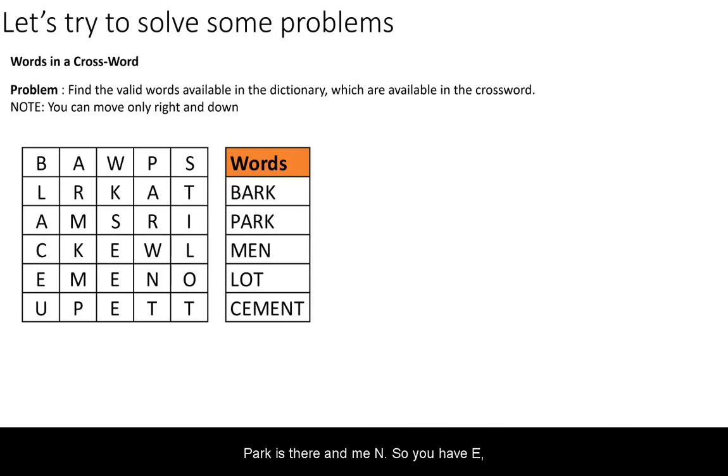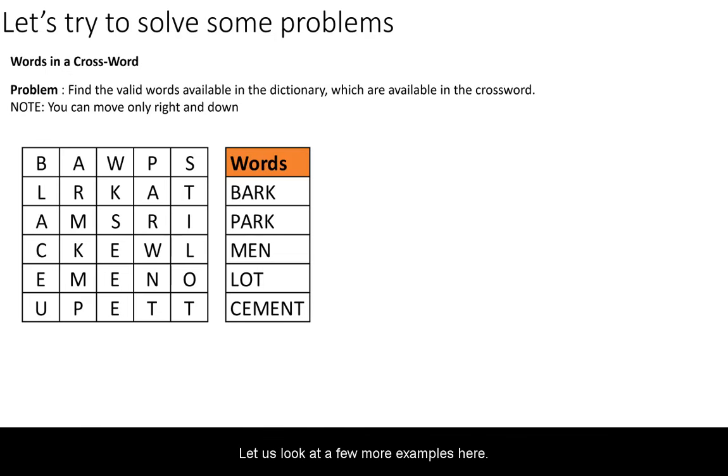Park is there, and M-E-N, so you have M-E-N is there, lot is there, L-O-T, cement is there, C-E-M-E-N-T, right? So you have to find whether a particular word is present in the grid by moving down, right or across. If this is a question that is given to you, how do you solve it, right? This backtracking can help you solve this particular problem.